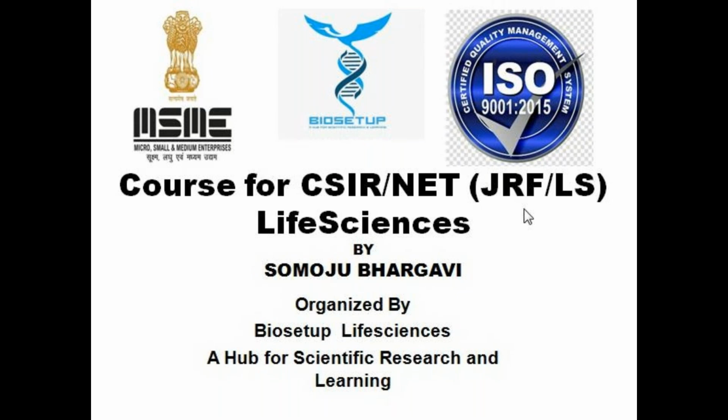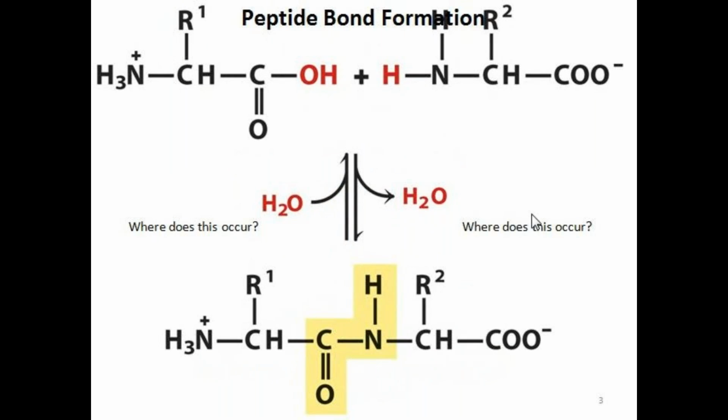That means the peptide bond is mainly formed between two amino acids by removing a water molecule. The main bond present between two amino acids is the C=O NH bond, and that is the peptide bond.